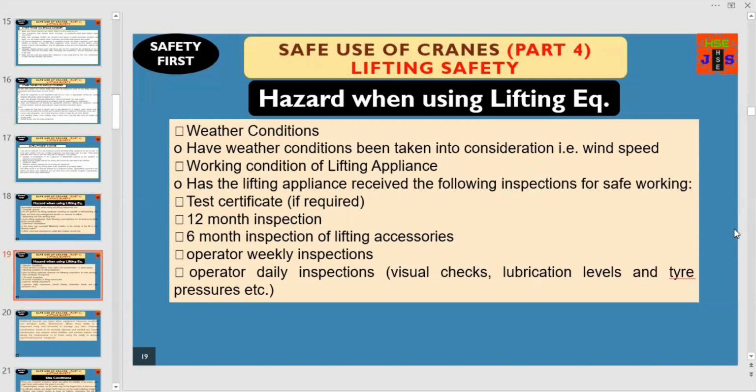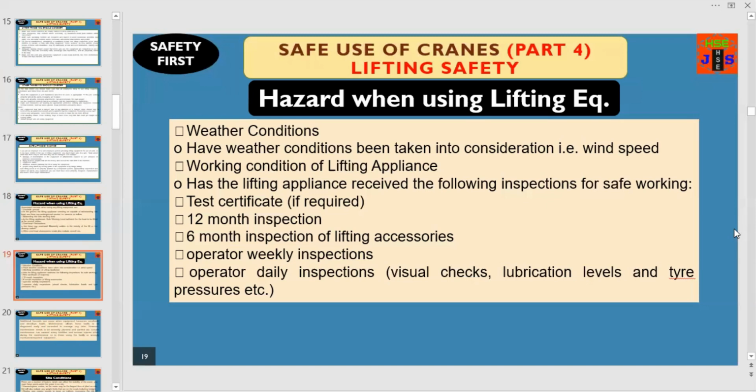Is the testing certificate there, is the 12-month inspection certificate there, is the 6-month inspection certificate for lifting accessories valid and available, is the operator weekly inspection available, were operator daily inspections done, which might include visual checks, lubrication levels, and the tire pressures, etc.